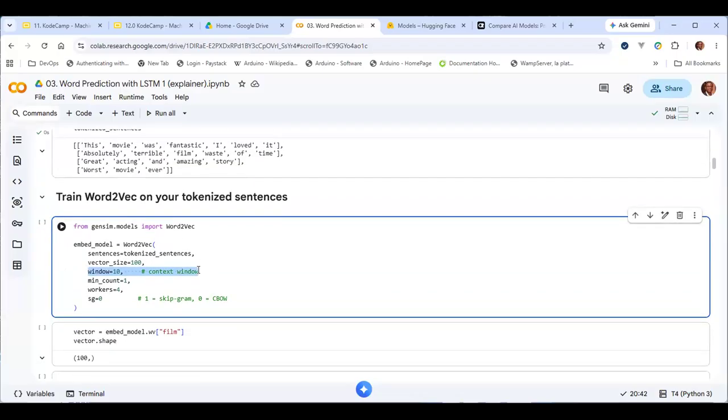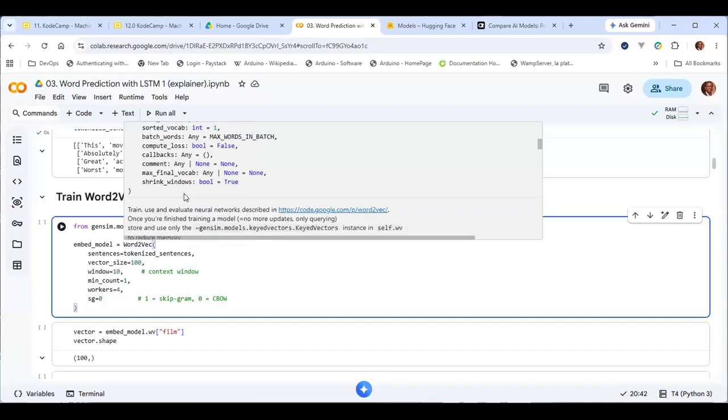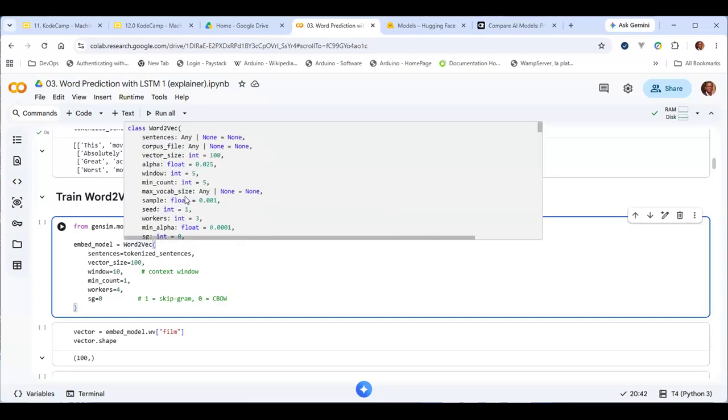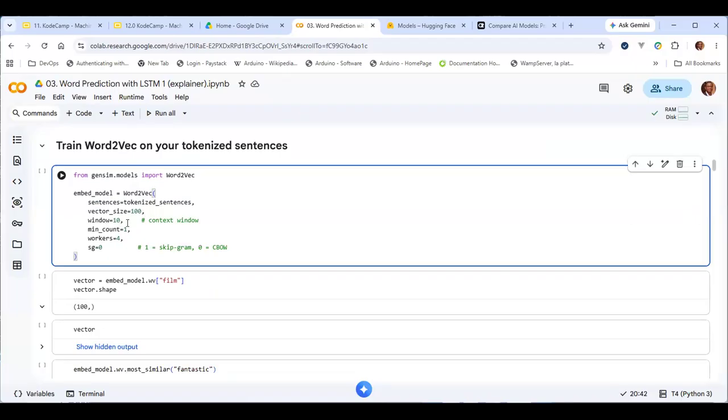But remember, if you are doing this in real life, your context window will have to be much more than that, because if not, you will have a situation where words may not fit or words get cut off. The reason you need the window is because word2vec is going to pad to make it up, so it needs to know what the maximum length is. Min count is the minimum repetitions.